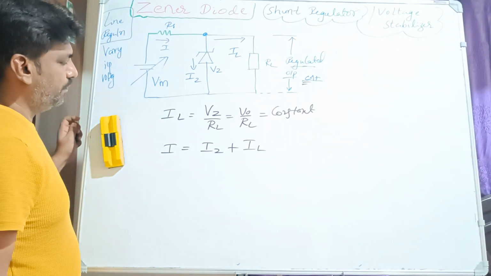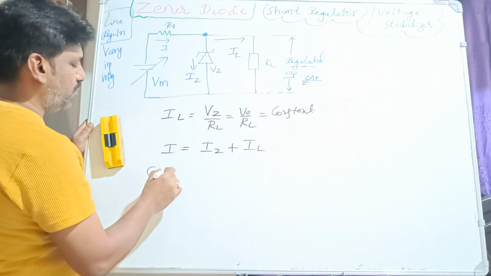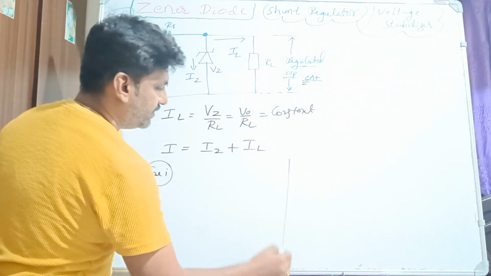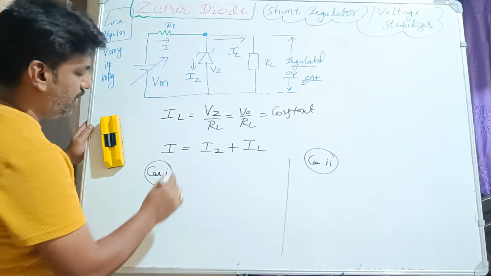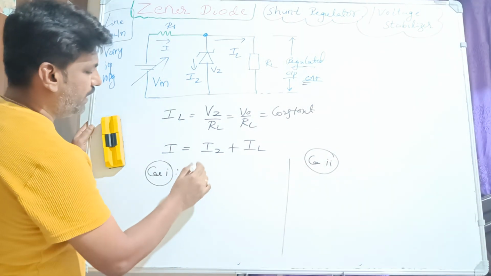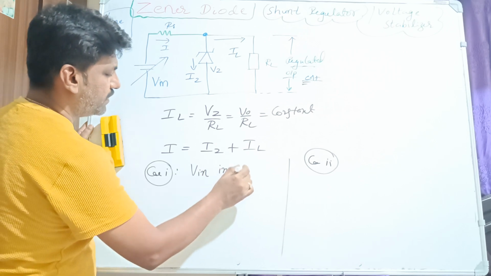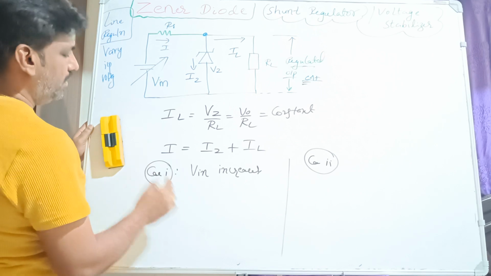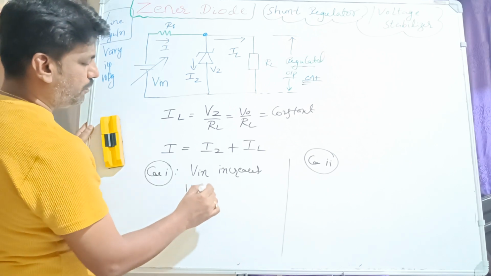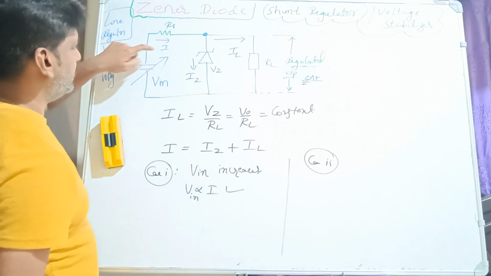Now we will divide this into case 1 and case 2. Case number 1 is when the input Vin increases. If V increases, what is going to happen? We know that V is directly proportional to I. If V increases, the current I increases.